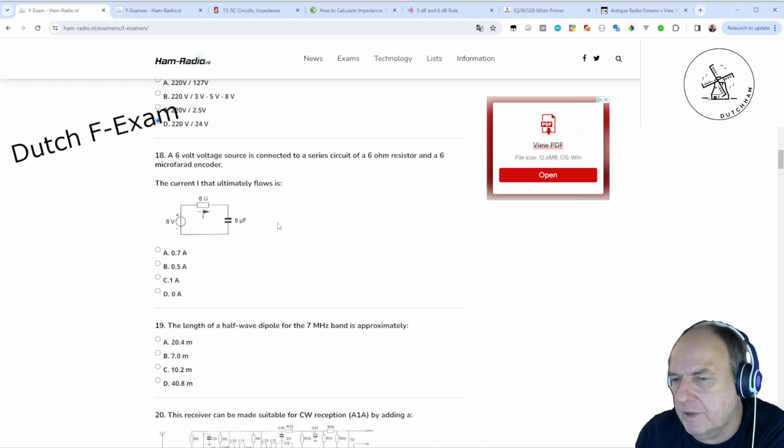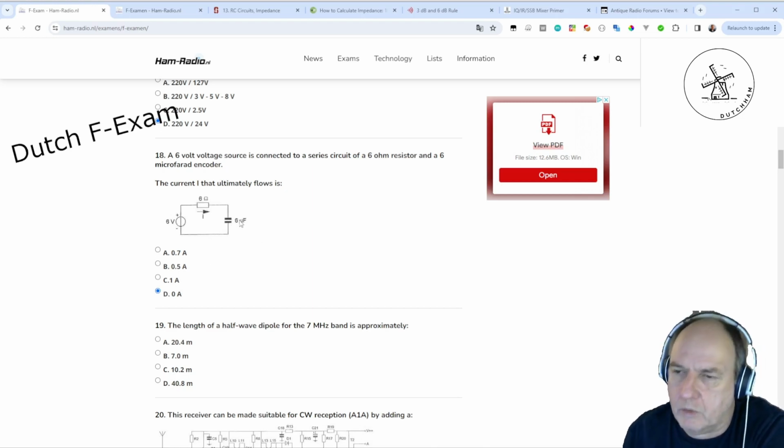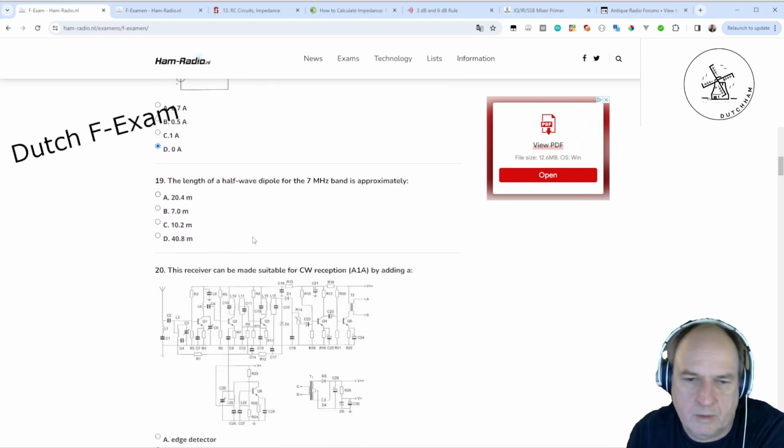Well, if the circuit is in balance again after the initial flow, there will be no current. The capacitor will be loaded until 6 volts, and then the current will be 0. So I go for answer D.